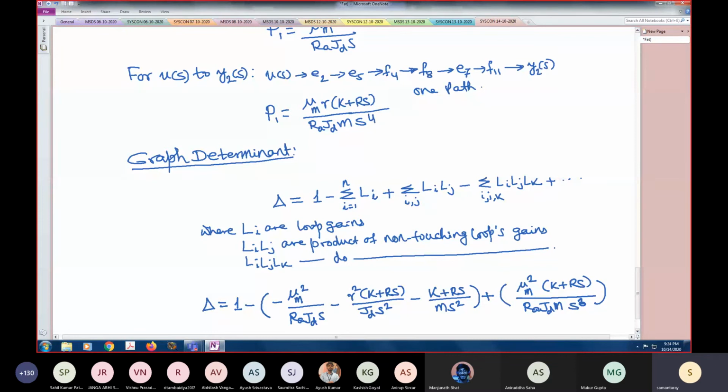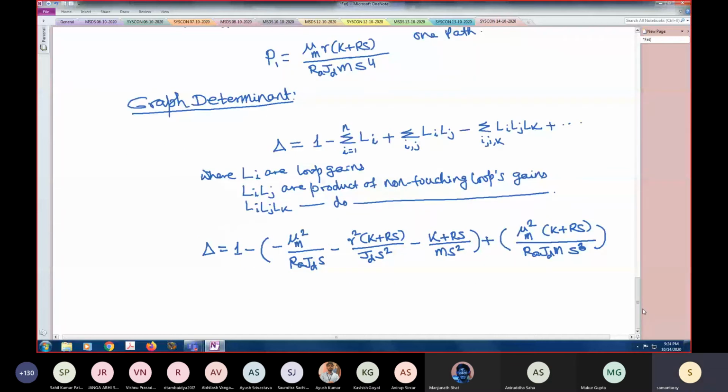The product of 2 loop gains, both negative, is positive. Then minus the product of 3 loop gains: if all 3 are negative, their product is negative, and with the minus sign it becomes positive. So every term in the graph determinant will be positive if you have a stable system. That's why it's necessary that all loop gains are negative. So this is the graph determinant.